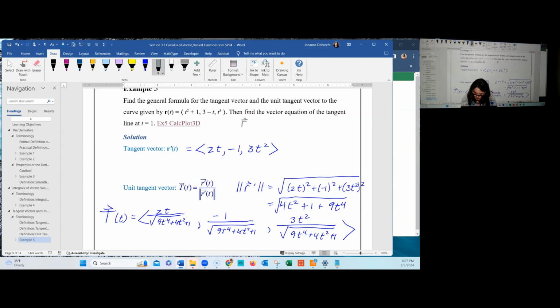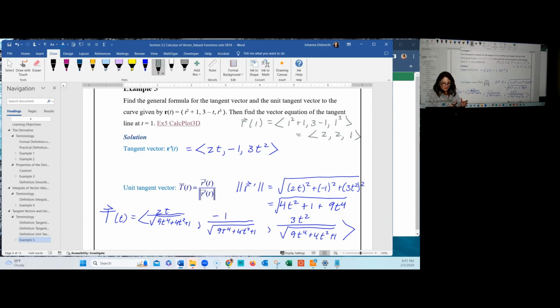So I have r of 1, which is going to be equal to 1 squared plus 1, 3 minus 1 for the j hat, and 1 cubed for k hat, which gives me the vector 2, 2, 1. All right, that's a position vector. So the point is 2, 2, 1 in round parentheses.